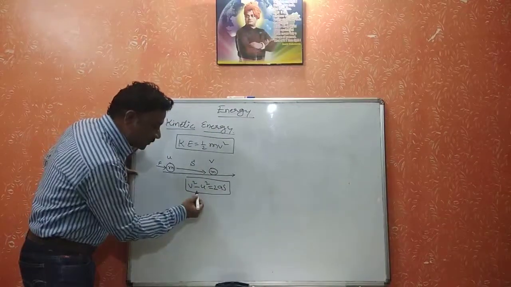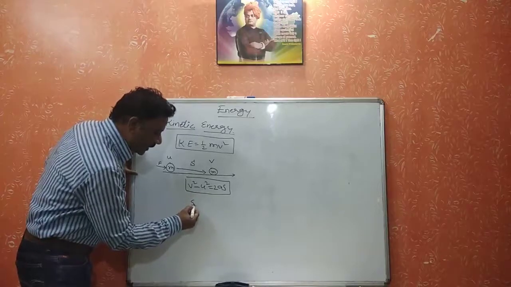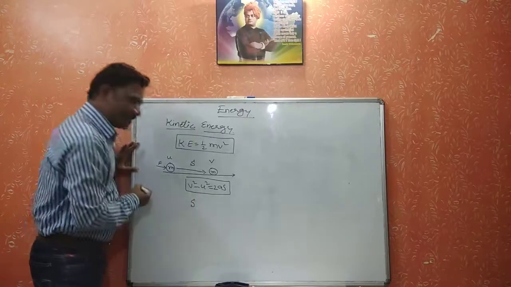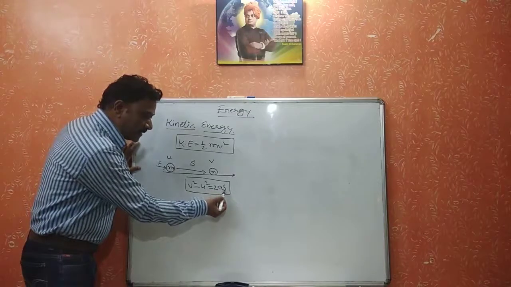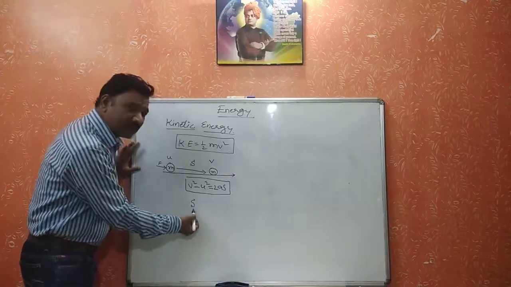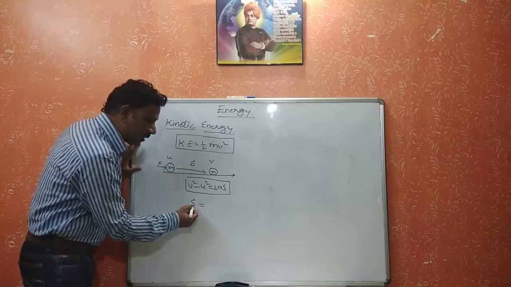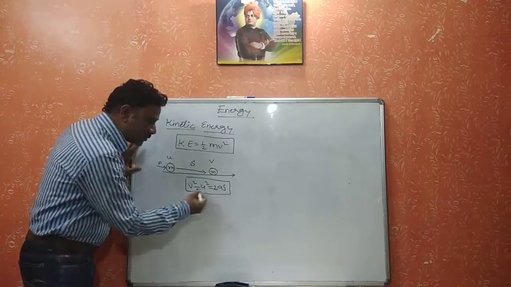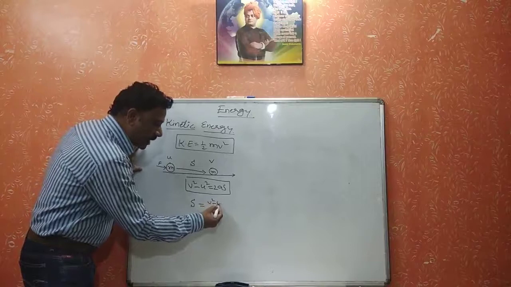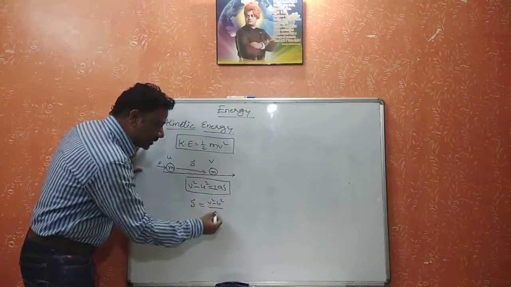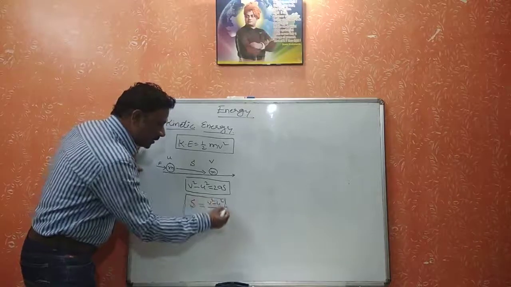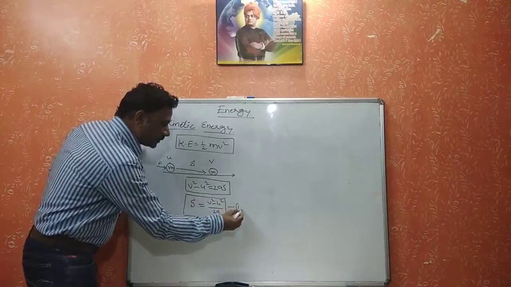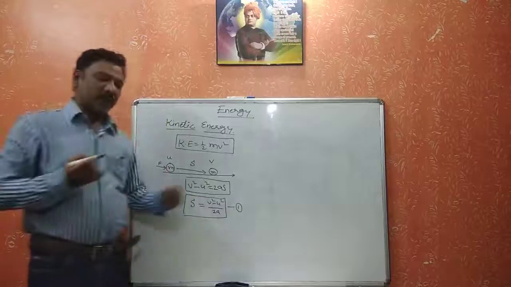From this equation, I would like to write the equation for s, which represents the distance of the object. Then s = (v² - u²)/2a. So this is equation 1. Let us take this one as 1.